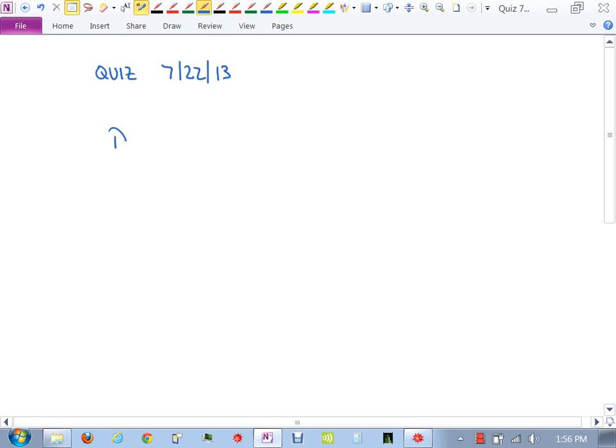All right, the first problem. It's the same instructions as the ones we just did, okay? f of x equals 4x cubed plus 3x squared minus 6x plus 1.